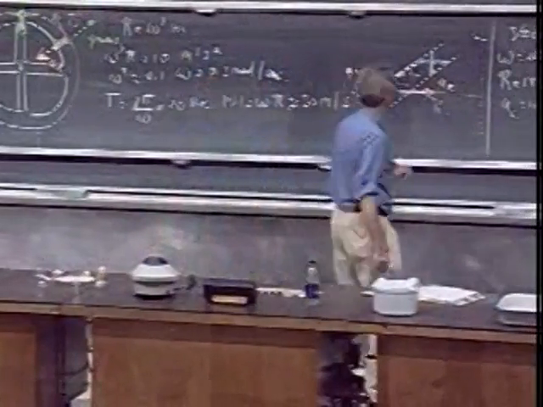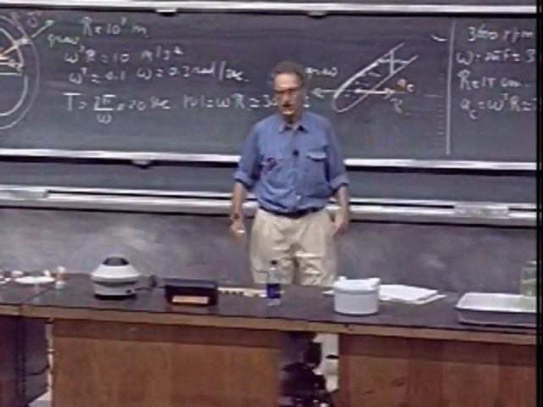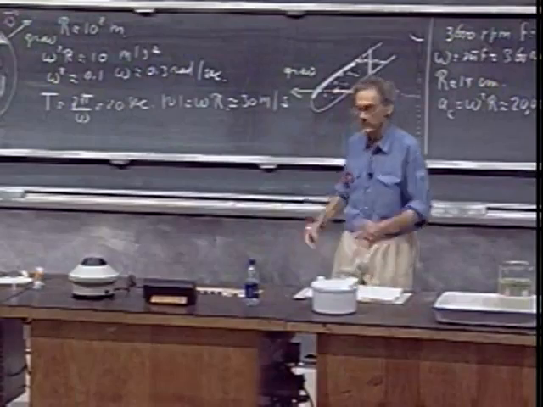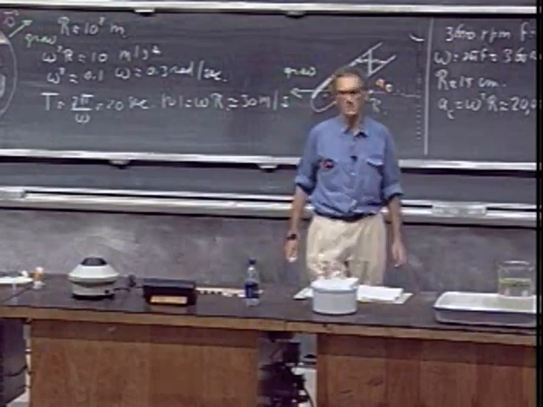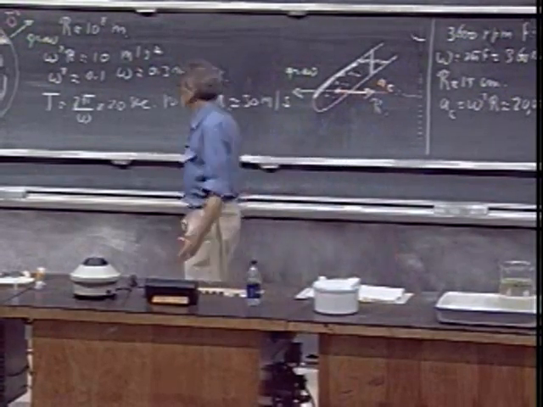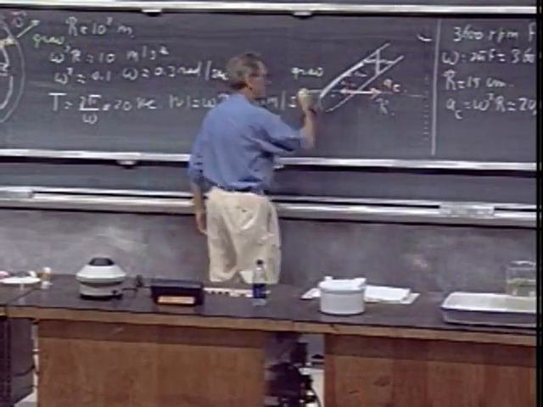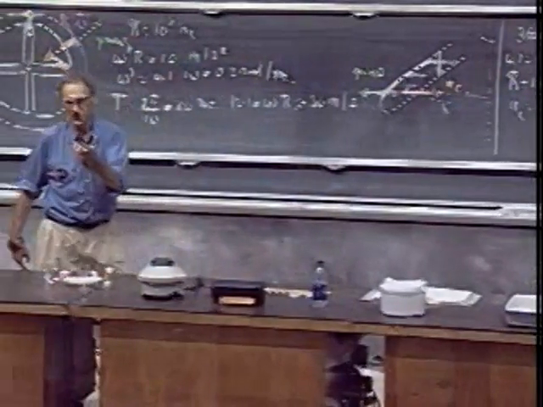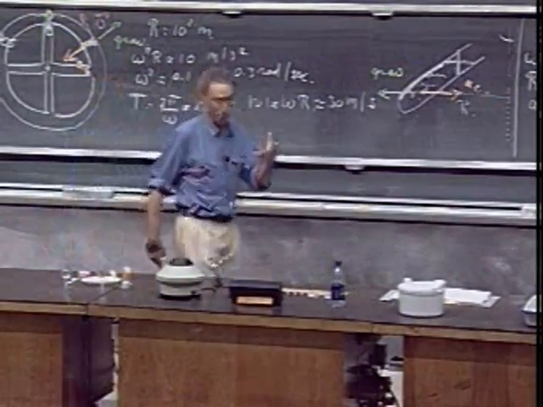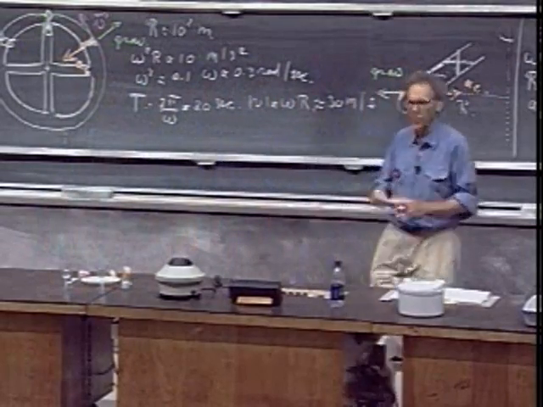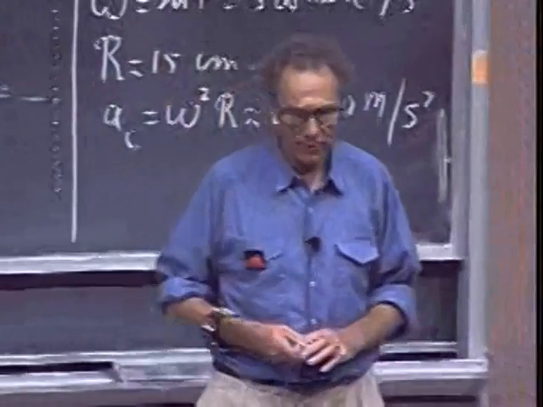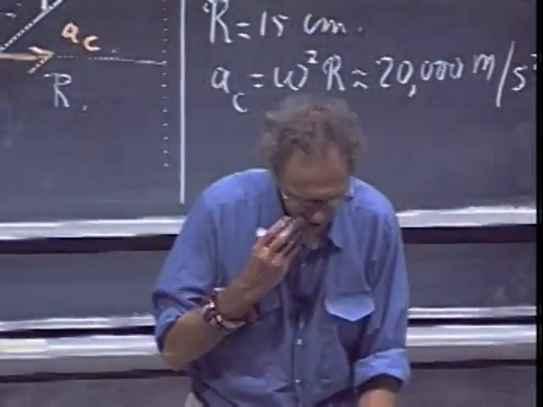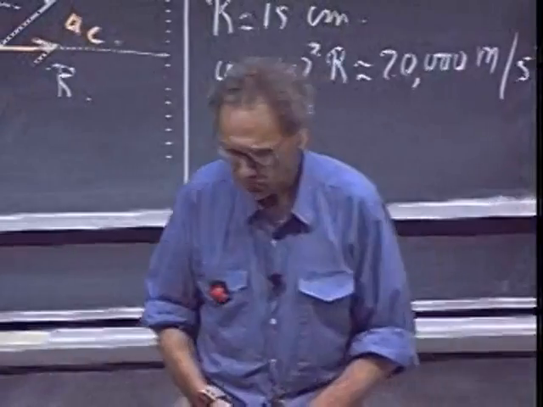It means that these particles experience gravity which is 2,000 times stronger than if I don't rotate them. And so they will go to the side here. But the glass itself is also 2,000 times heavier, and therefore the glass can easily break. So when you design a centrifuge like that, you have to really think that through very carefully, so that the pieces that are in there don't fly apart.